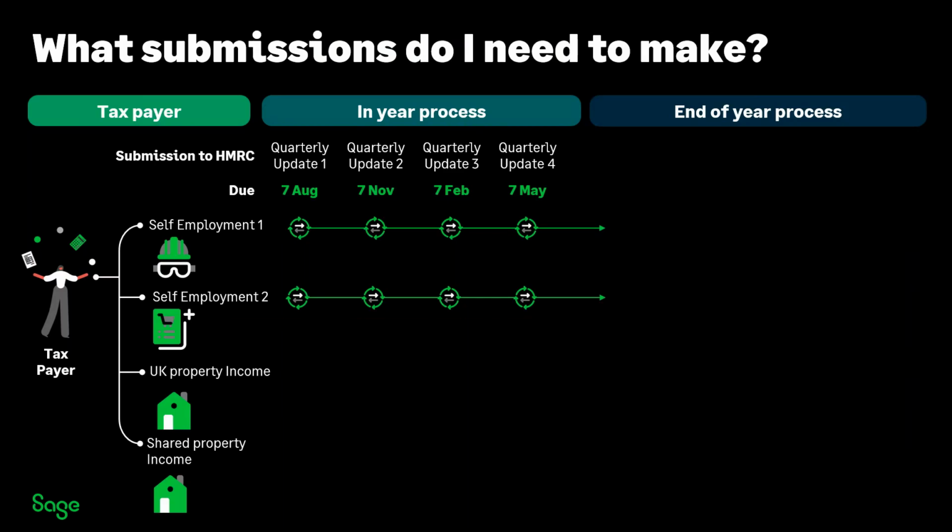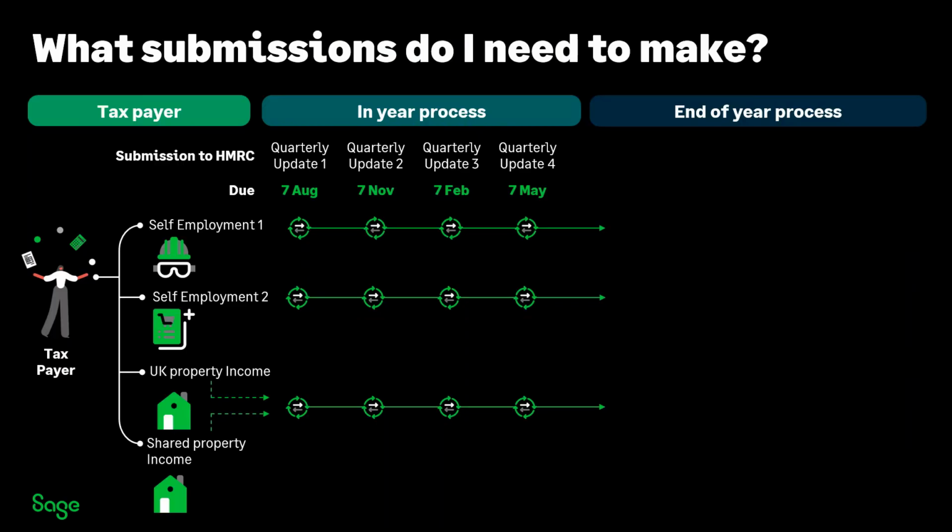What he'll do is digitally record 1 set of records for his first employment, another set of records for his second employment, and records for each of his properties as well. But when he comes to do his quarterly updates each quarter for his properties, he will combine those 2 together.